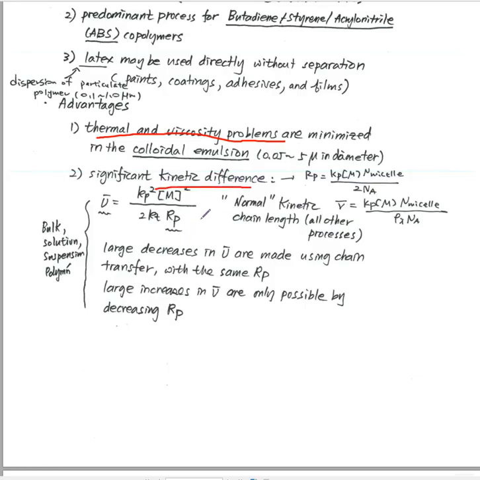So I'm not going to go into the details about the derivation of these kinetic equations, but the resulting kinetics, the kinetic chain lengths, the dependence on the monomer concentration or the propagation rate is different from the other types of polymerization method. I mean, you don't really need to memorize this, but anyhow, there are some differences because the emulsion polymerization uses the surfactant, so we need to consider that.